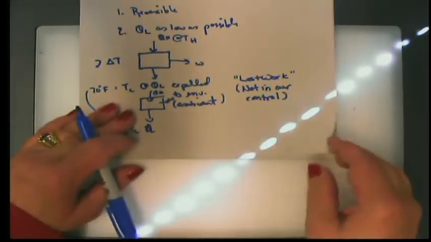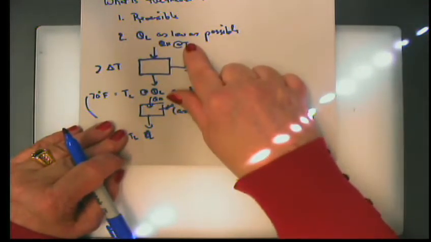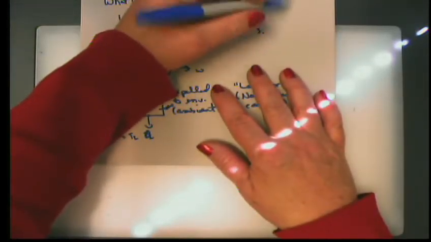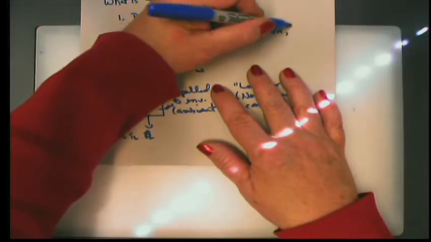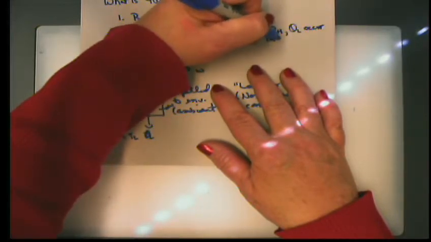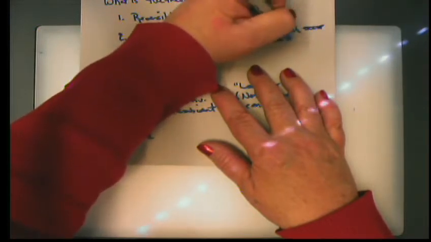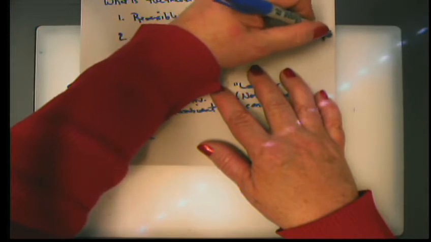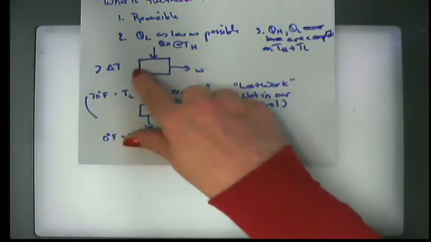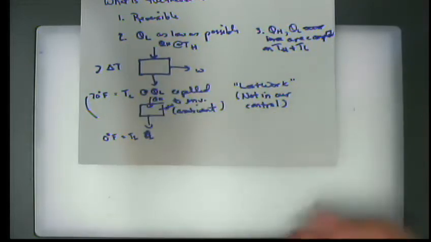The theoretical limit would be a totally reversible engine, where Q sub L would be as low as possible, and finally, that heat acceptance and heat rejection occur completely at T sub H and T sub L. In other words, you're not leaking any heat or gaining any heat in the engine. It's all coming in here, and it's all going out here.